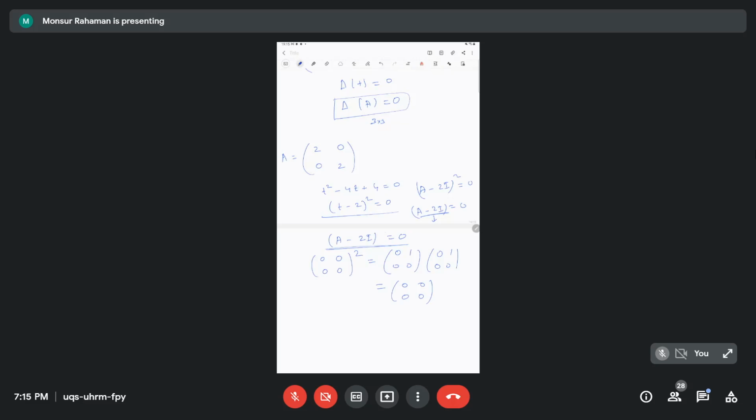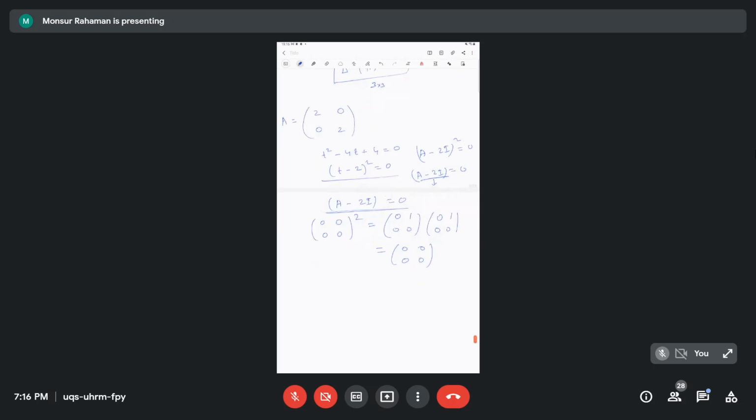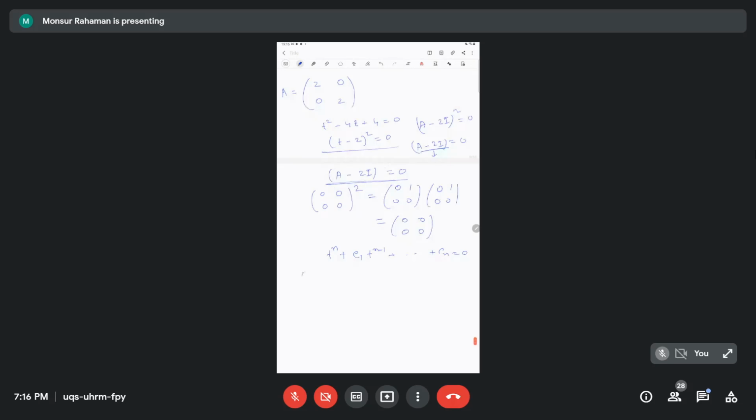So we have to find the minimal polynomial. Suppose the characteristic polynomial is an n-degree polynomial, t to the power n plus c1 t to the power n minus 1 plus and so on plus cn equals 0. If it has all real roots alpha 1, alpha 2, up to alpha n, they are not all different; they may repeat.